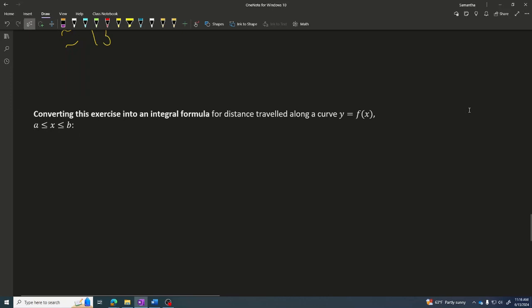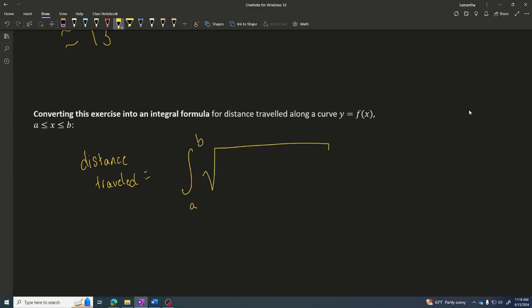In this case, the integral formula for the distance traveled by this object in two-dimensional space is the integral from the smallest x value to the largest x value, the square root of 1 plus the derivative of y with respect to x squared, and then dx to close that.